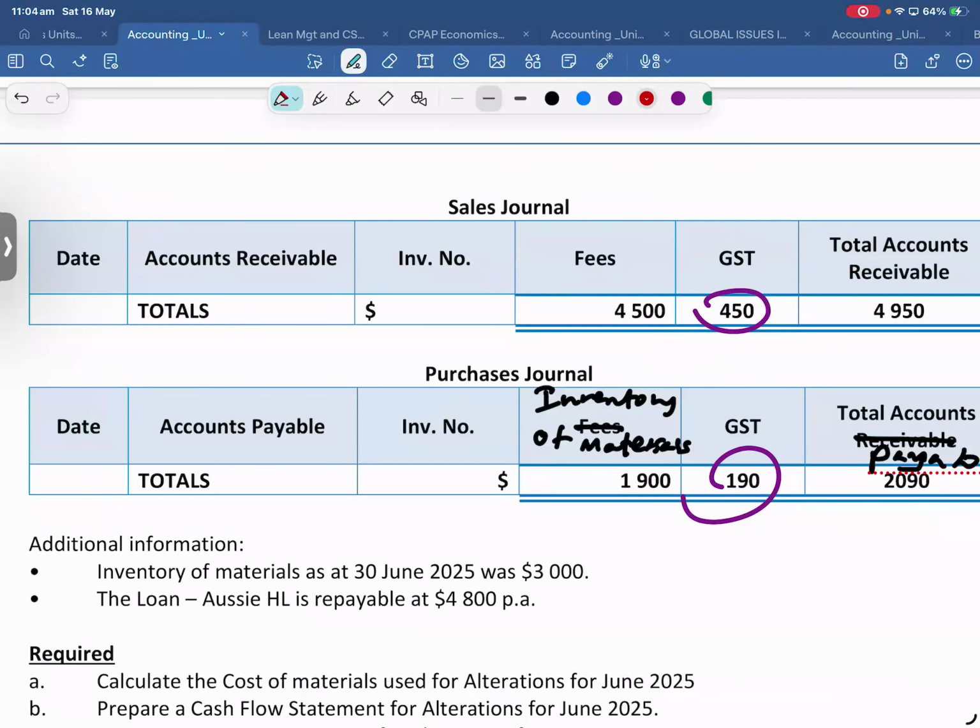More revenues than expenses. Yes, more revenues than expenses. That's correct. So they're not making a loss when it comes to total income. Yep, they are not making a loss.